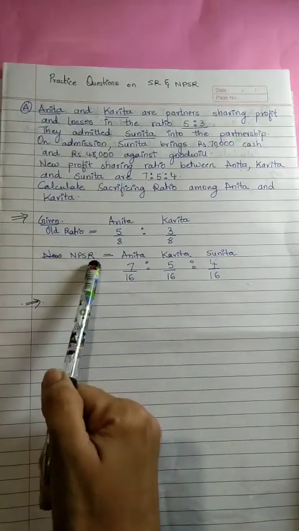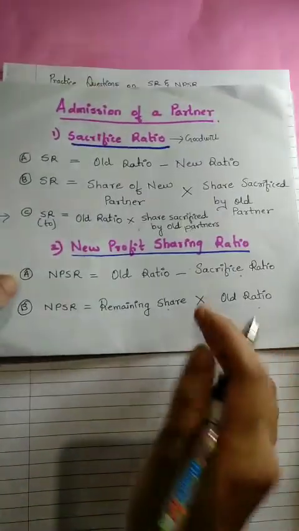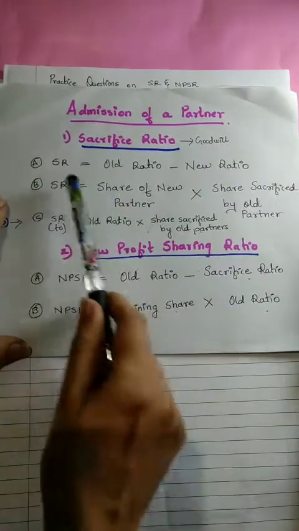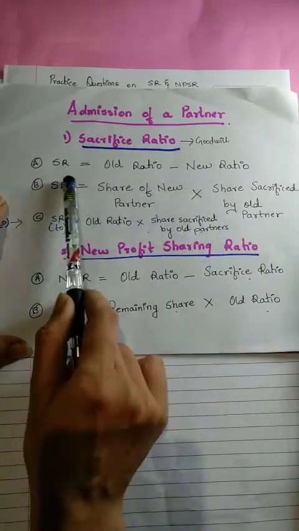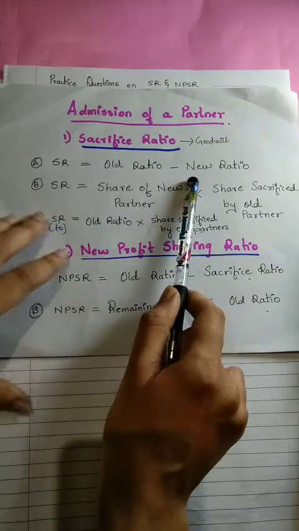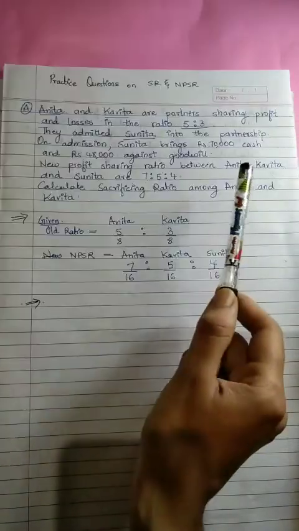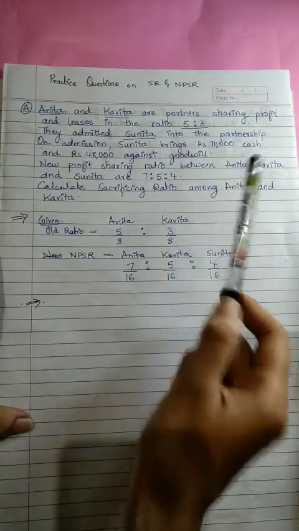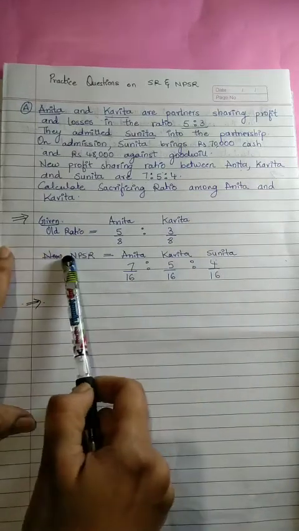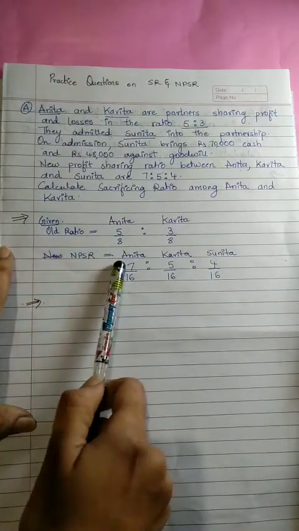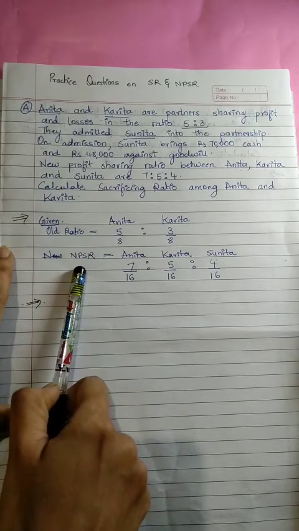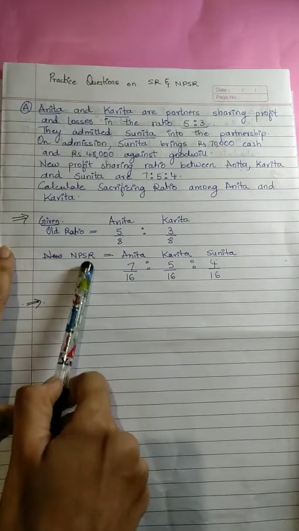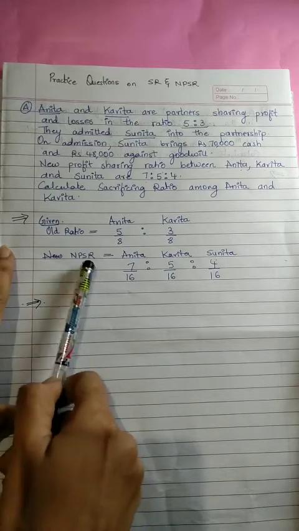old ratio and new profit sharing ratio, we can apply this formula: old ratio minus new ratio. Sacrifice ratio is equal to old ratio minus new ratio, because nothing else is given to us in the question. They just mention the old ratio and new profit sharing ratio. So obviously if the new profit sharing ratio is given to us in the question, we do not need to calculate it because it is already given.